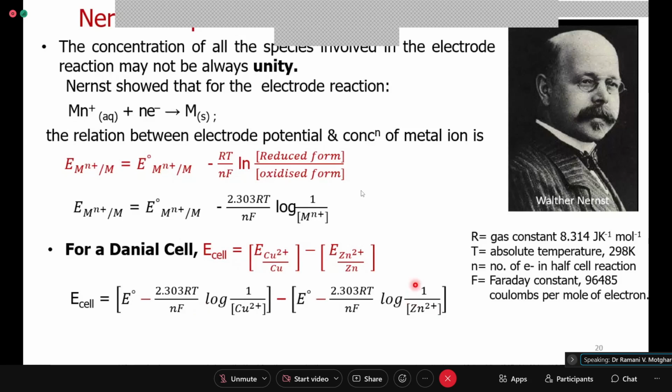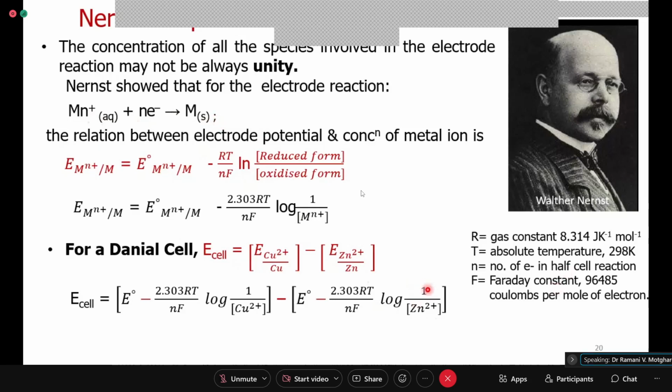Now when you are writing it in the reduction form, you have to take care that all the signs, this is also negative, this is also negative, and this is also negative. Then you write 1 by Zn2 plus. Although oxidation is taking place here and the product will be Zn2 plus, you have to write the reaction in the same way, Zn2 plus plus 2 electrons giving you Zn solid.